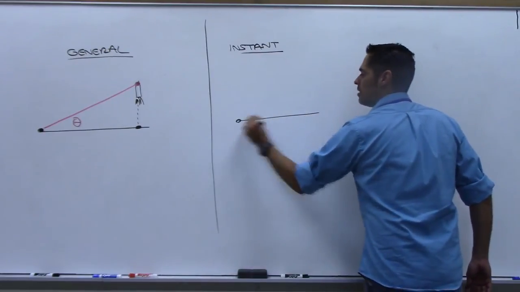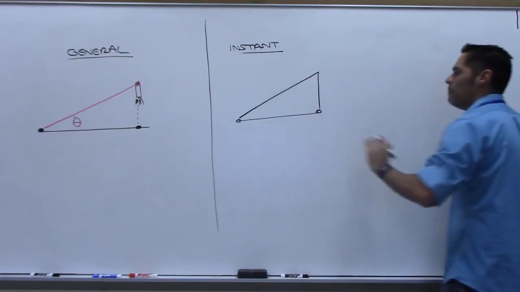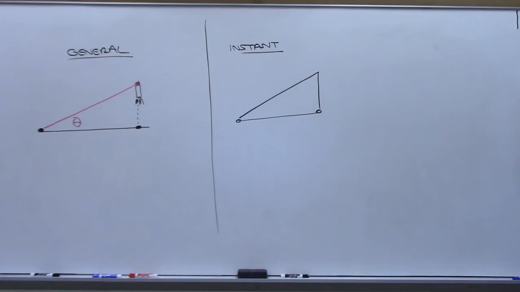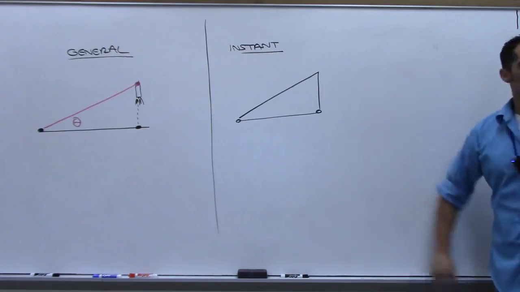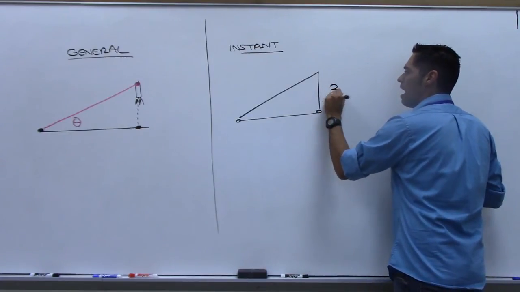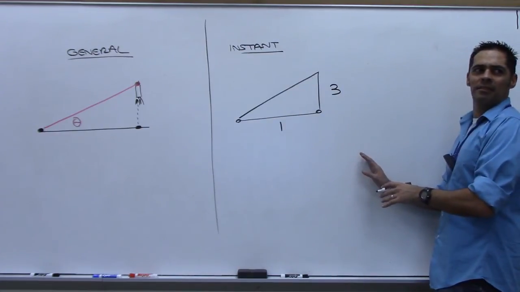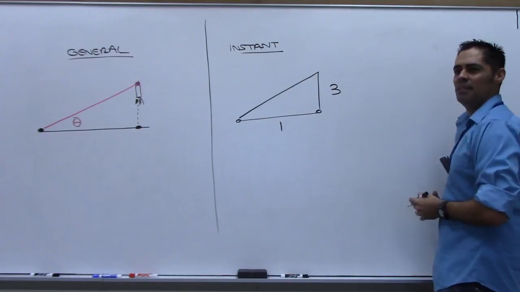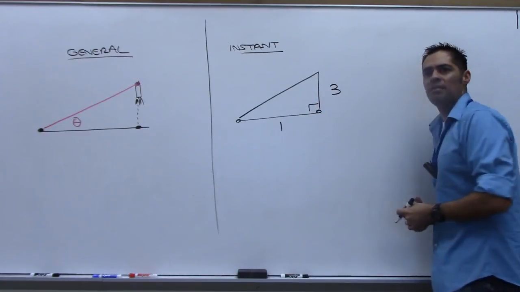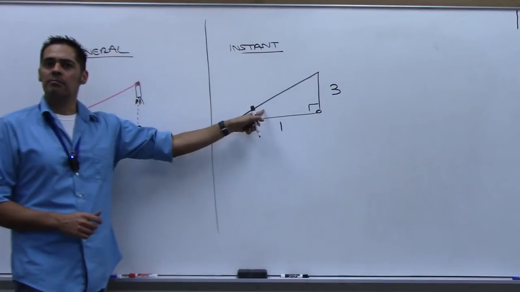Let's start with the instant one. What are the things that are definitely fixed, not moving at the instant in time? What can I assign values to here? I got 3 miles high and 1 mile. It's not drawn to scale, sorry, but it's still a right triangle. Those two sides are fixed. How about this angle in here?